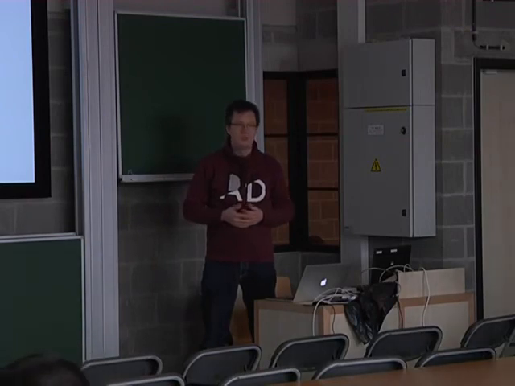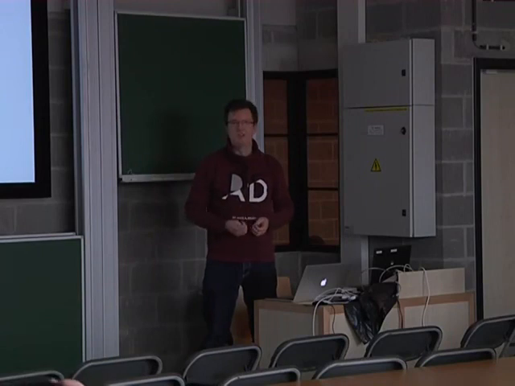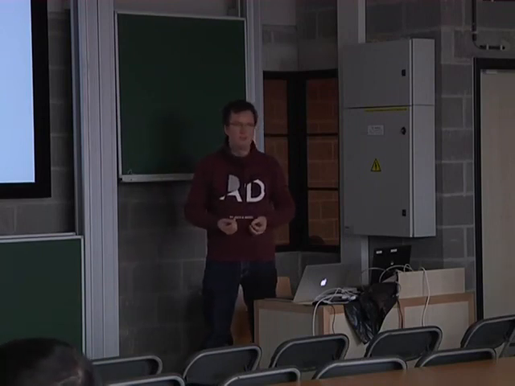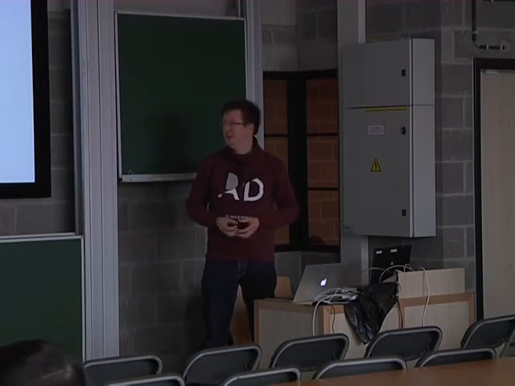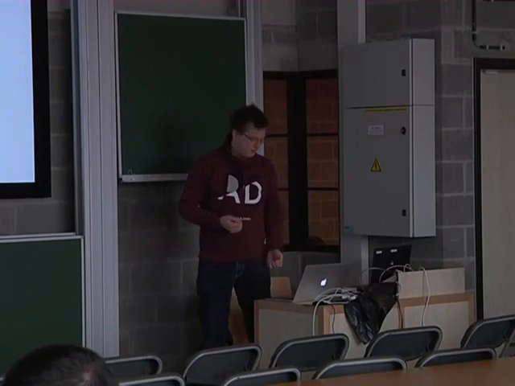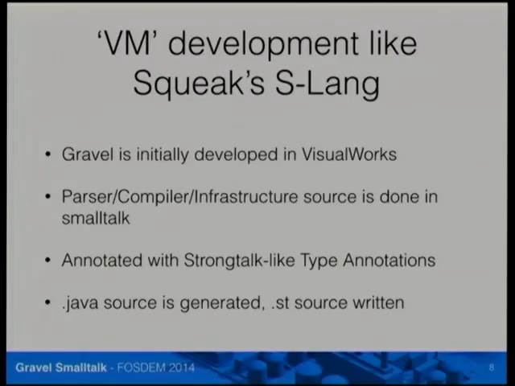We also developed an optional type annotation system, inspired by Strongtalk, called Pegan. It allows us to add type annotations to VisualWorks source code, and we use that to transform the Smalltalk source code to Java source code.